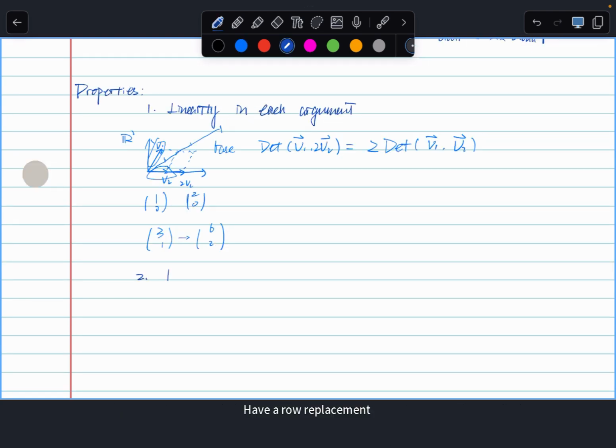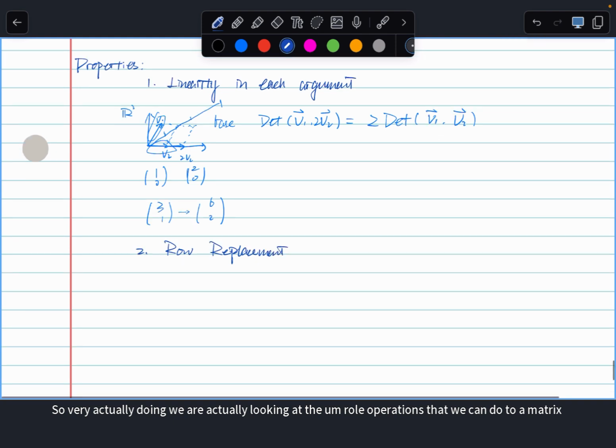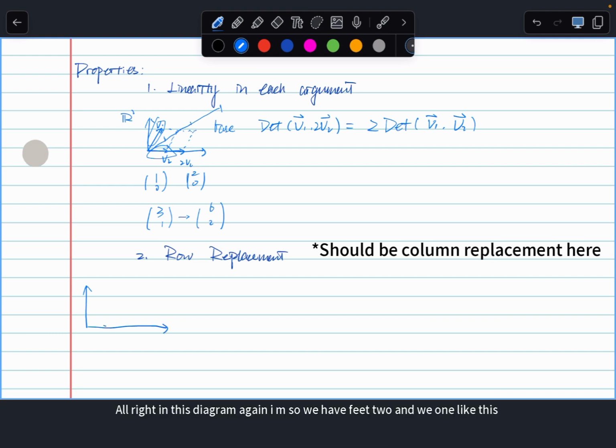Next, row replacement. So we're actually looking at the row operations that we can do to a matrix. Alright, in this diagram again, we still have v2 and v1 like this.